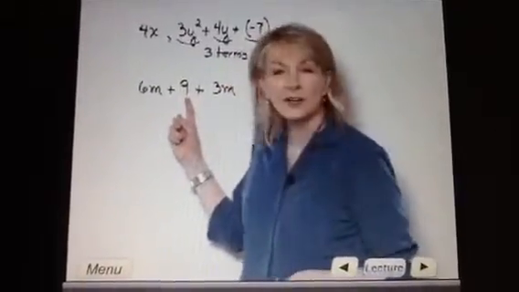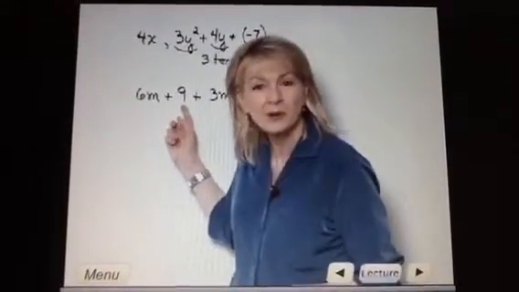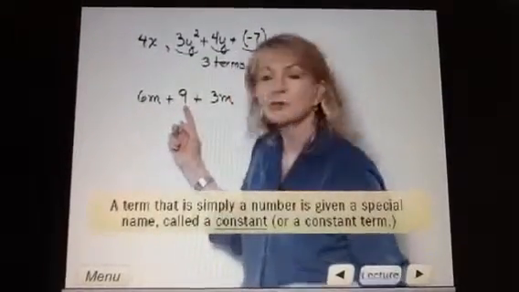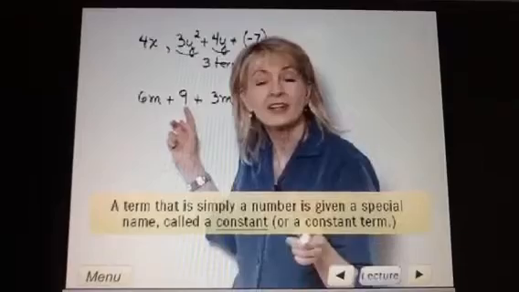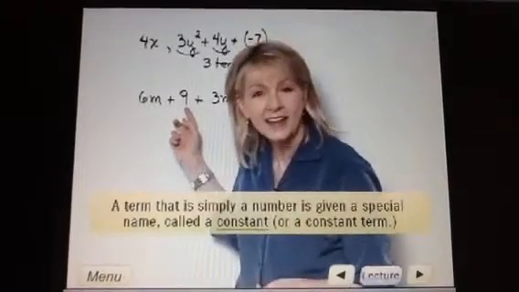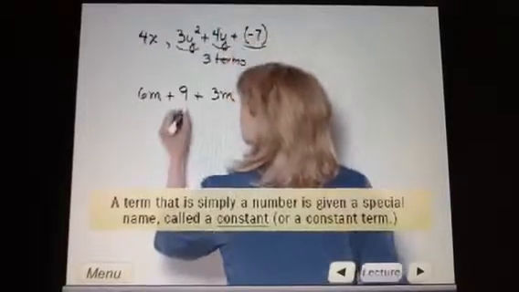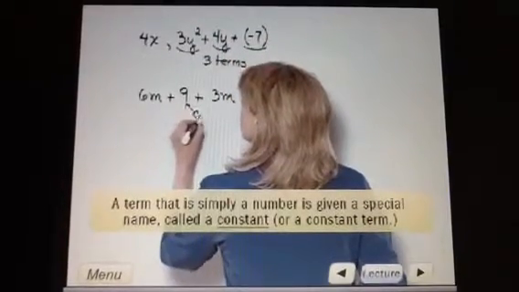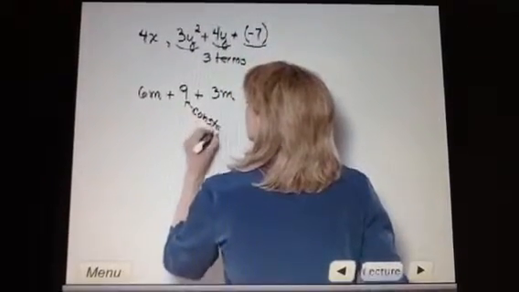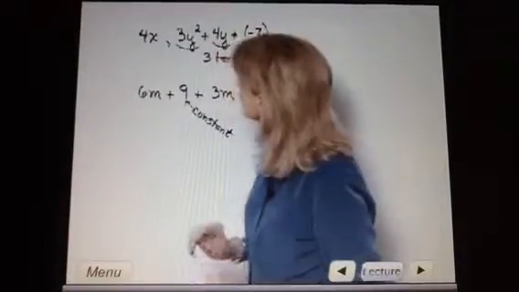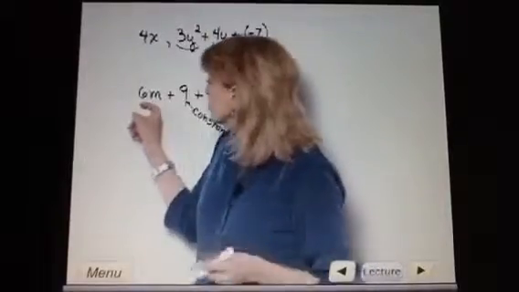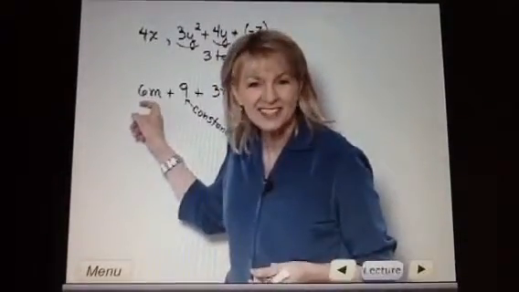Notice this term happens to be a number only. A special term that is simply a number is given a special name called a constant or a constant term. So this happens to be what we call a constant or a constant term.